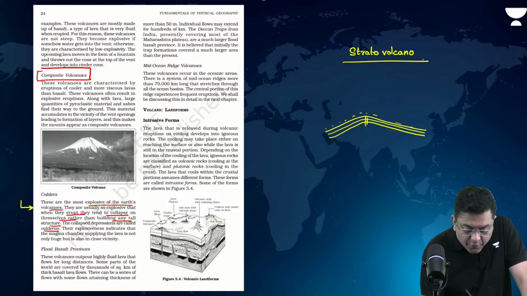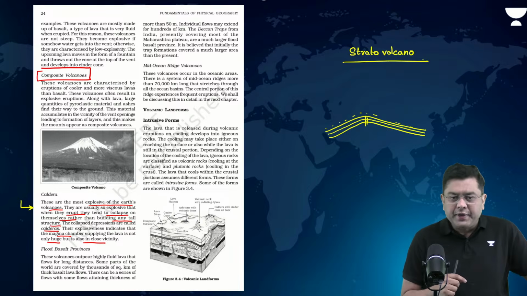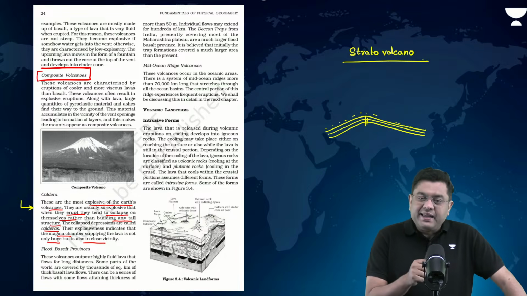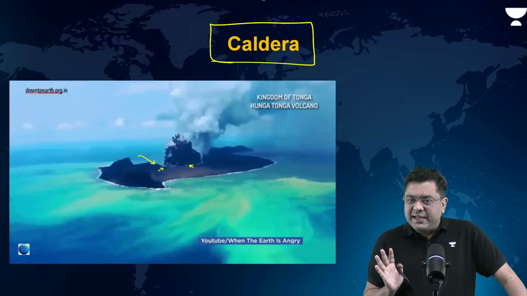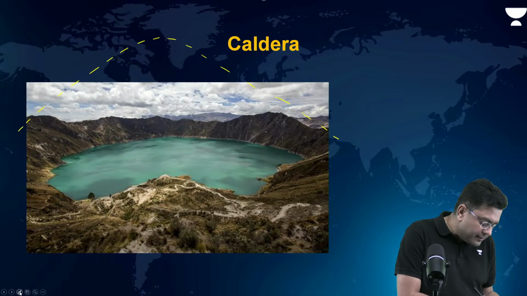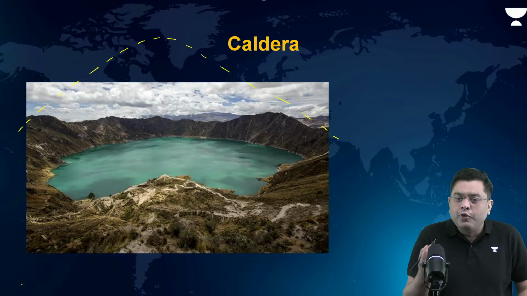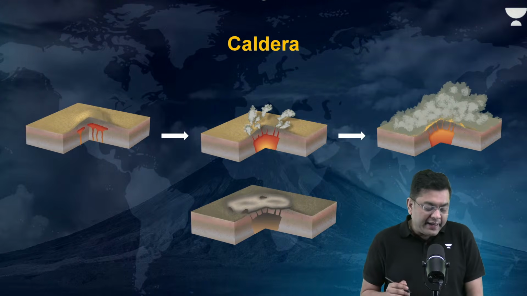Now, their explosiveness indicates that the magma chamber is not only huge, but also in nearby vicinity. Okay. So, basically, understand this. You have read the text, you have got the definition. Now let us understand it in a visualistic manner. So, what happens? Let us understand in a stage by stage manner.